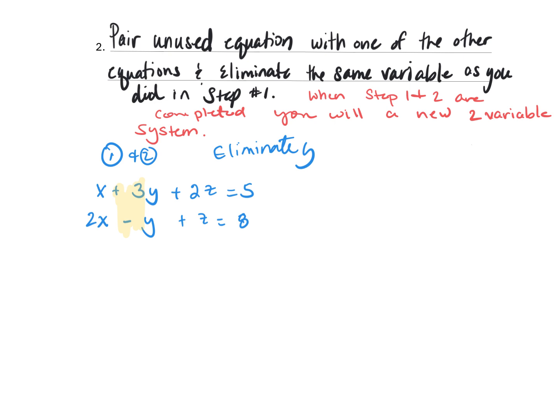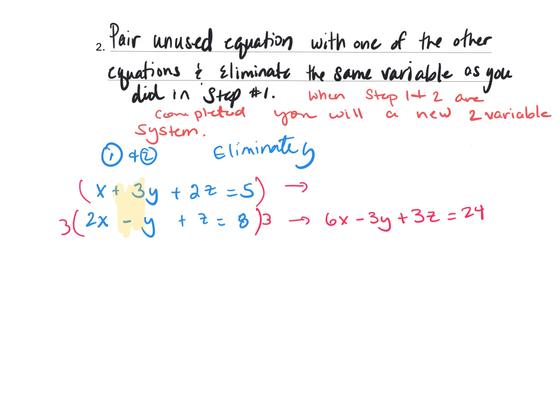One thing, take note, be very, very careful. Go slow. In order to make that opposite with the y in the first equation, I'm going to multiply this bottom equation by 3. I'm just going to put it this direction: 6x minus 3y plus 3z equals 24.